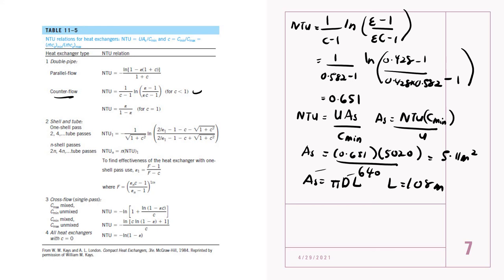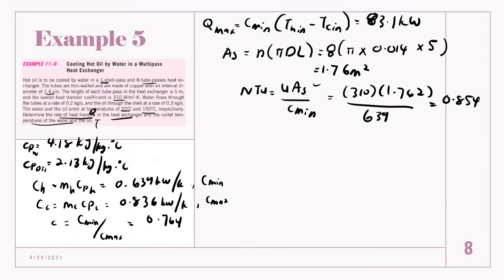Inside there you have the effectiveness relation formula, so from that table you can take that formula and calculate the value of effectiveness for the multipass heat exchanger. So I directly give the answer here. Effectiveness is 0.47.